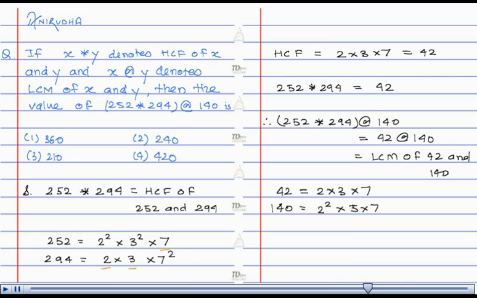Now LCM is the product of the highest powers of the factors, that is 2 square into 5 into 7 into 3, or we have 42 at the rate 140 is equal to 2 square into 3 into 5 into 7, which is equal to 420. Therefore we have answer option number 4.